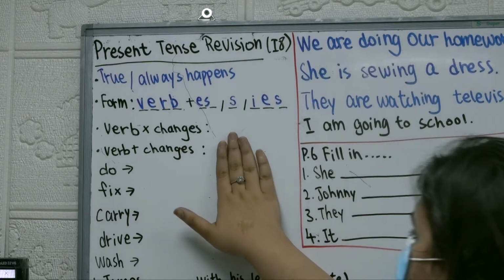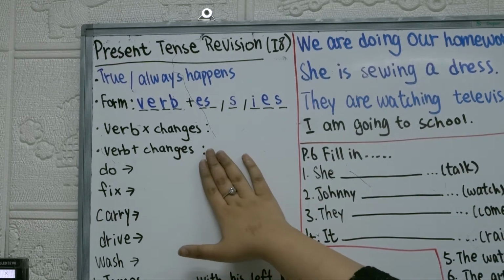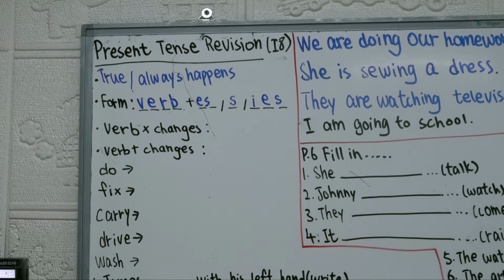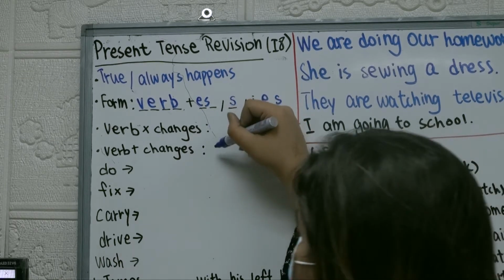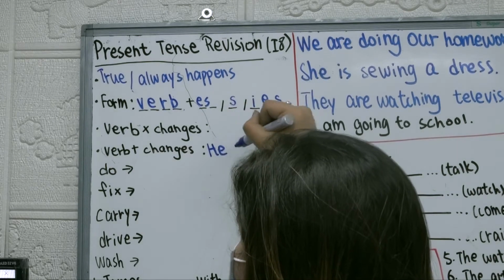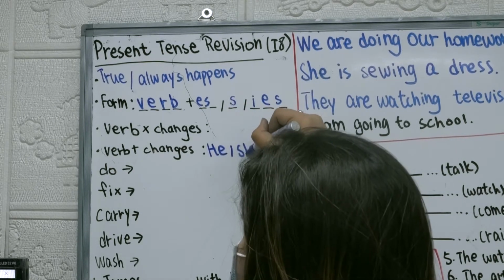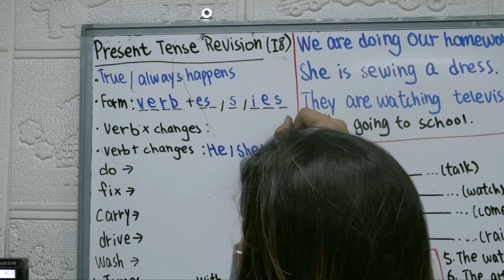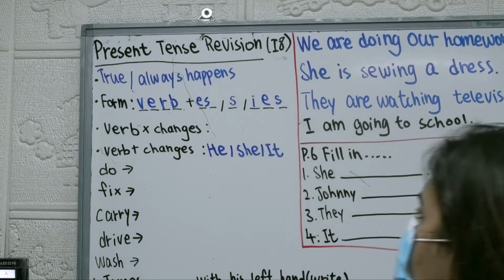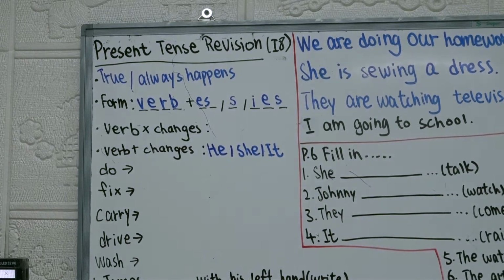So, when do we change the verb? When the subject is, remember? That shows you we have to change the verb to s, es, or ies when the subject is he, she, it, right? Good. Very good. What about if I don't want to change the verb?